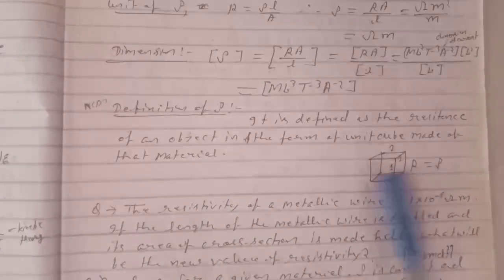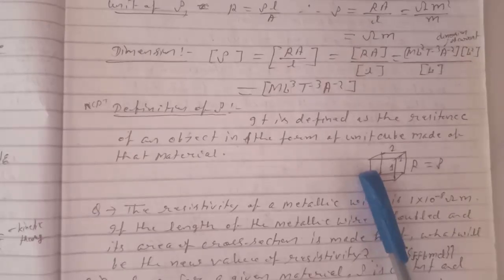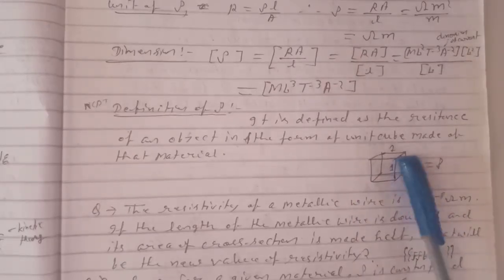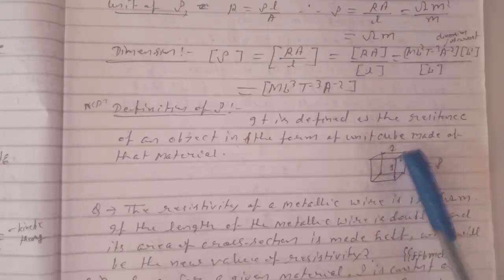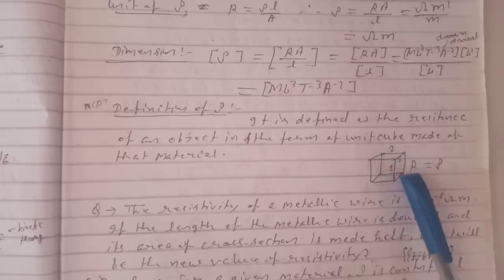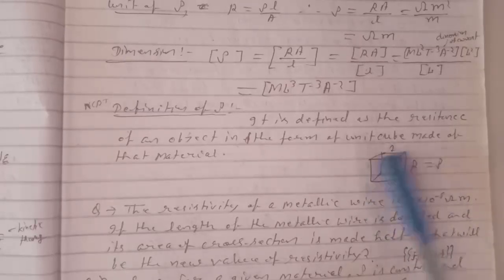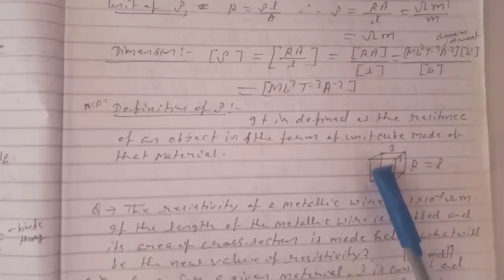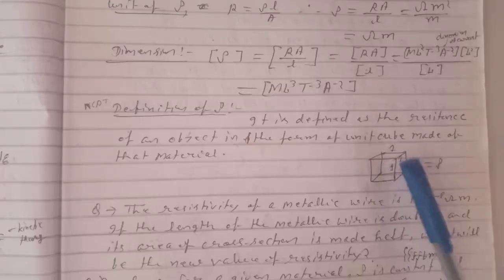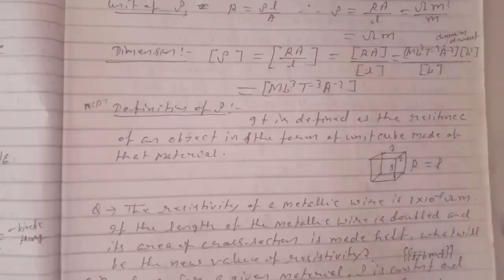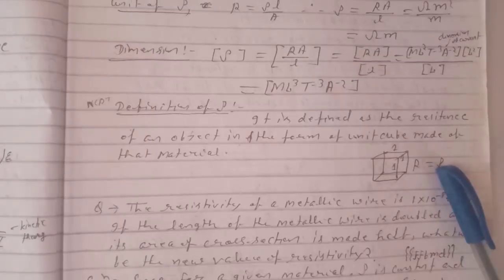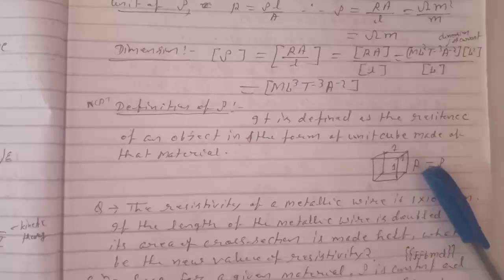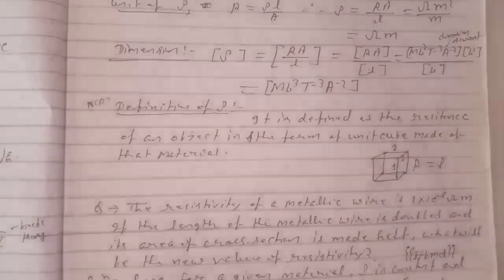For example, if this is a cube with length, breadth and height all 1 meter in SI unit, then the resistance of this cube will be equal to the resistivity of the material of this cube, so rho will be equal to R. Keep in mind that resistivity is always a property of the material.